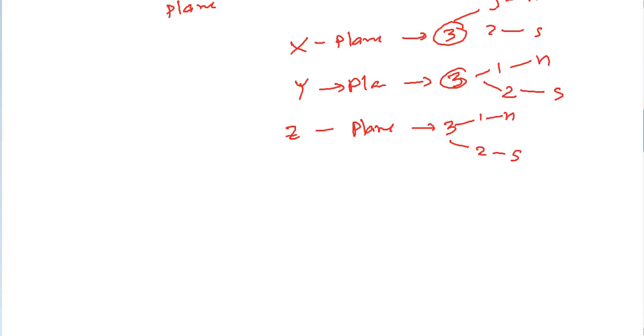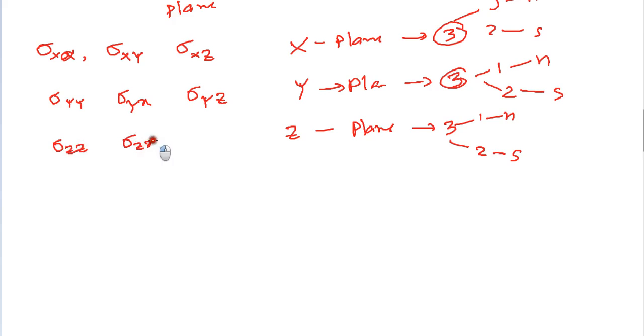From the x plane we get one normal, sigma xx, and the other two, because the first index must be x, are xy and xz, right? Same thing for the y plane: one normal, yy, and the first index should be y, so yx and yz. Same way for the z plane: one normal component, zz, and then zx and zy, right?